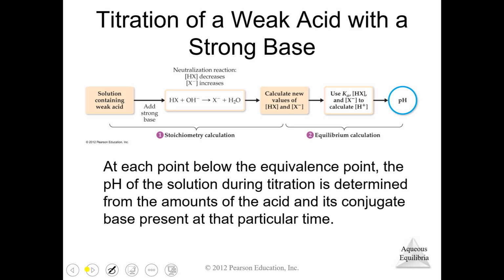We've already looked at weak acid-base equilibrium ad nauseum at this point, okay? So just remember, the takeaway here is that when we titrate strong bases with weak acids, we can use Ka's, concentrations of the weak acid, concentrations of the weak conjugate base, to calculate the hydrogen ion concentration, which is the pH.